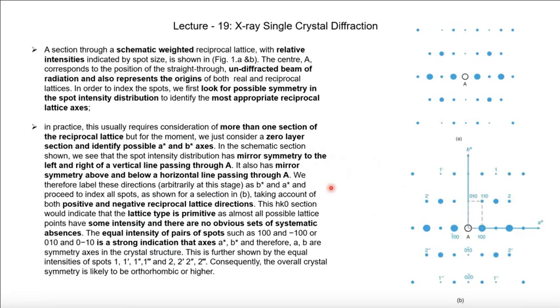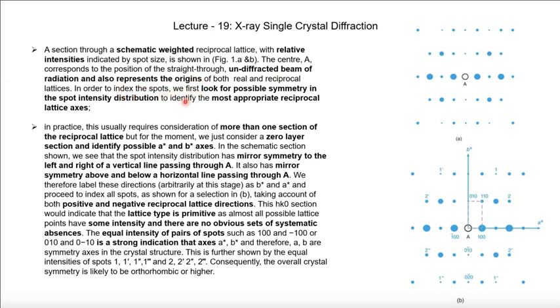Okay, next we go to a section of a schematic weighted reciprocal lattice with relative intensity indicated by spot size, as I said, as shown in figure 1A and B. The center, I also talked about, is the undiffracted beam, so the origin of the reciprocal lattice or real lattice.